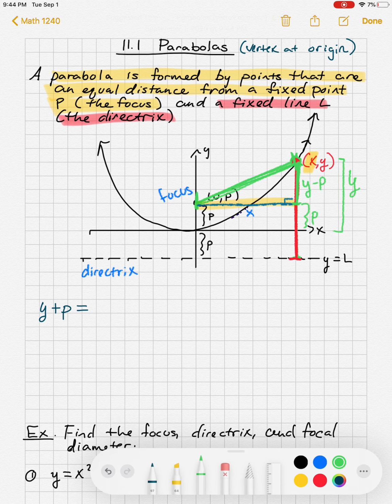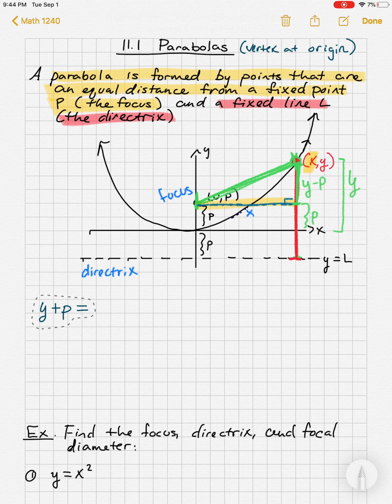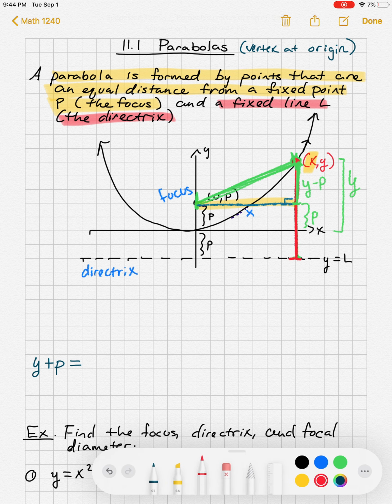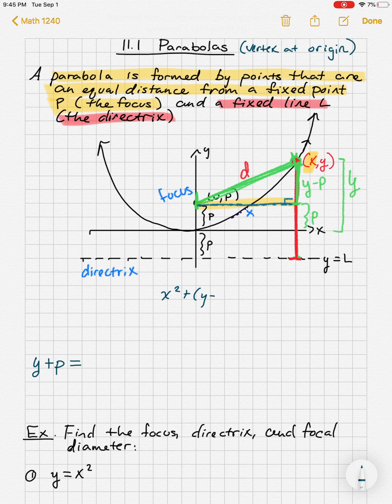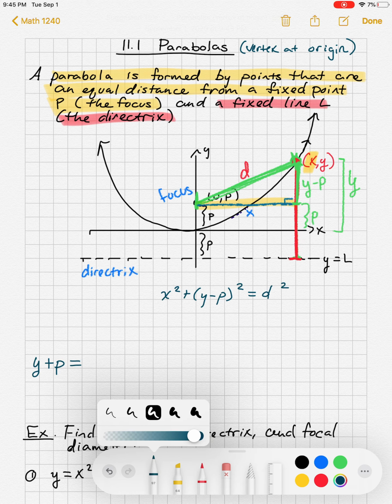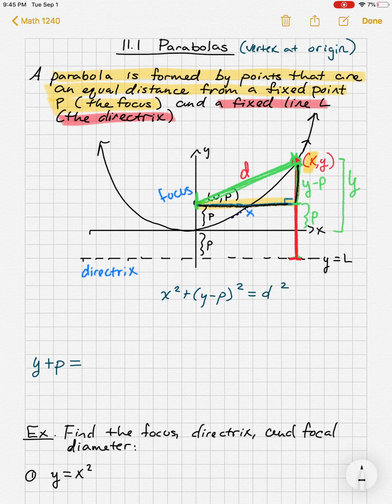So I have to use the Pythagorean theorem, because what I'm interested in at this step is finding this distance. The base squared plus the height squared would be equal to the hypotenuse squared. I'm using the Pythagorean theorem for this triangle. So x squared plus (y minus p) squared is equal to the hypotenuse squared.